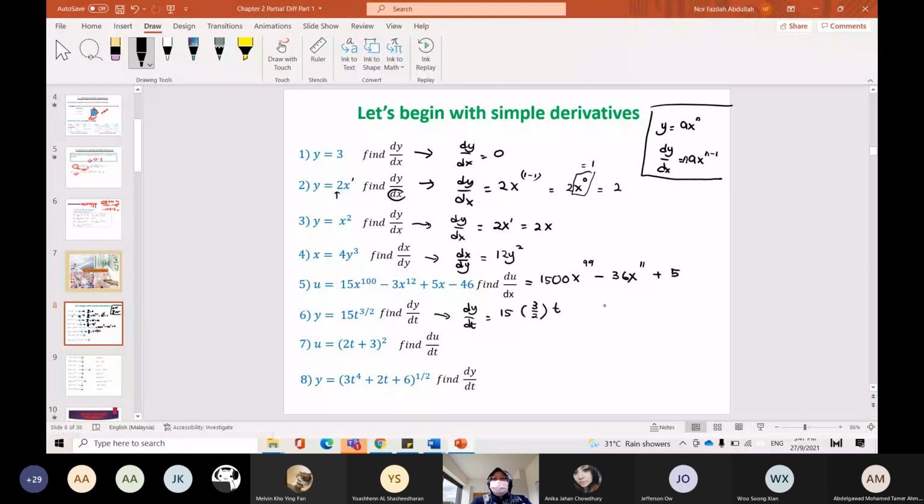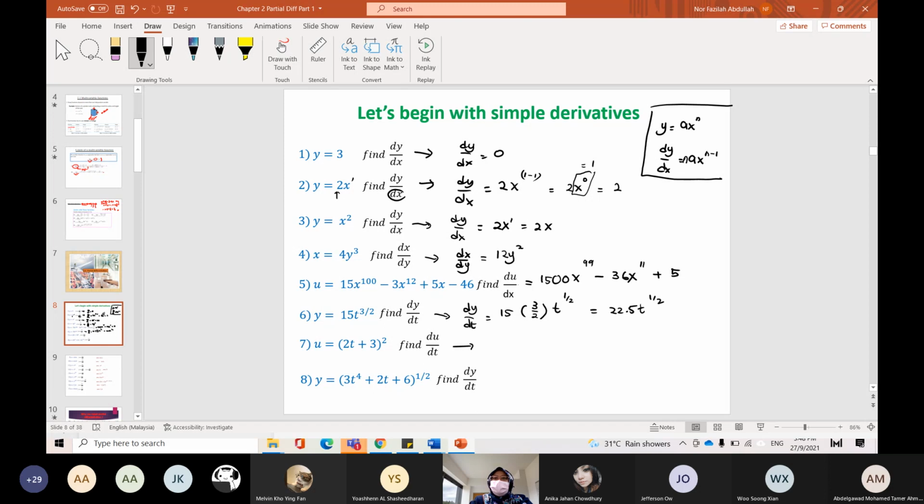Okay, 3 over 2 minus 1 become 1 over 2, right? So from here you have 22.5. Correct or not? 45 over 2, 22.5, yeah. t to power of 1 over 2.